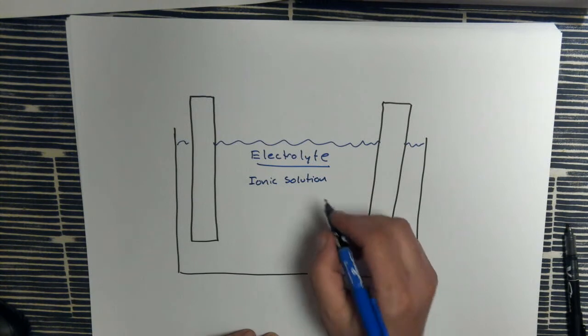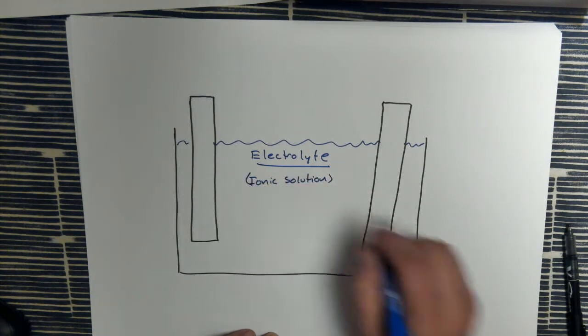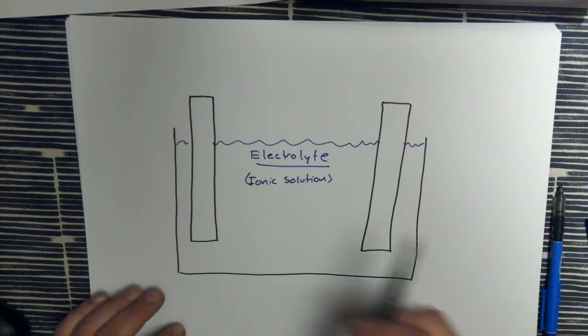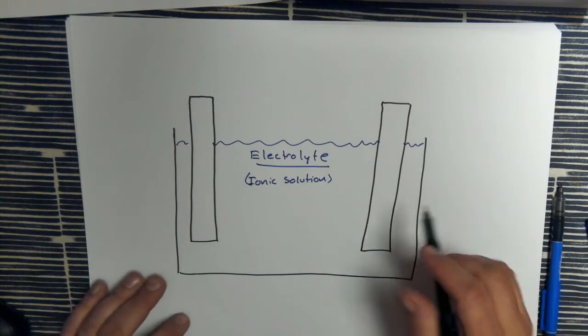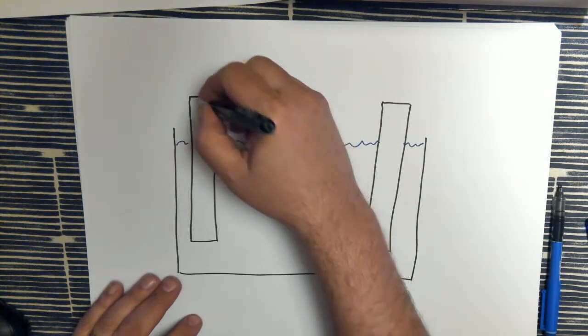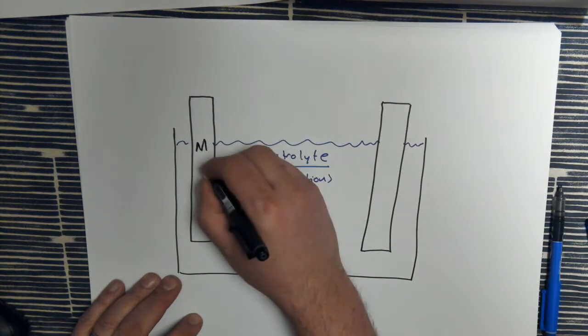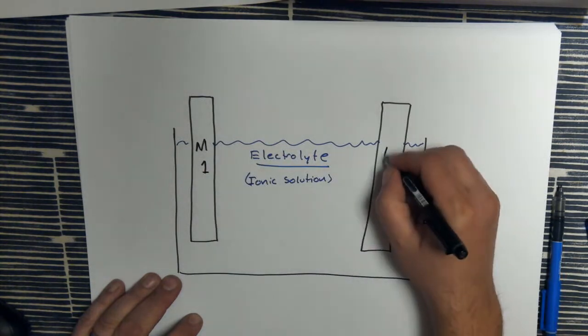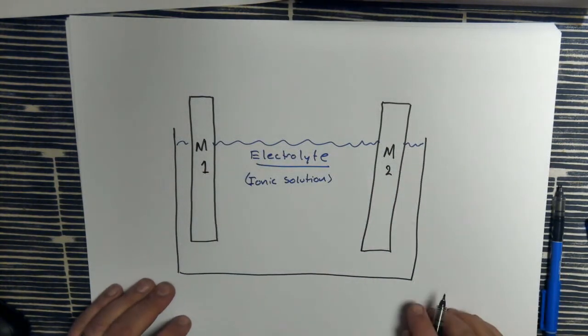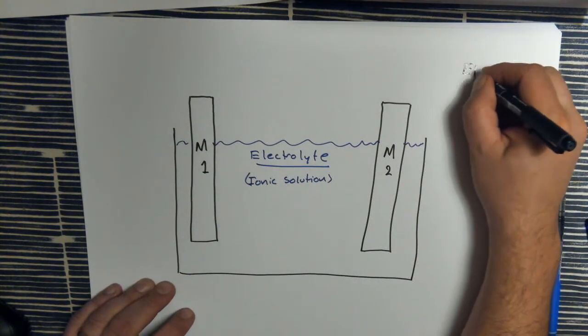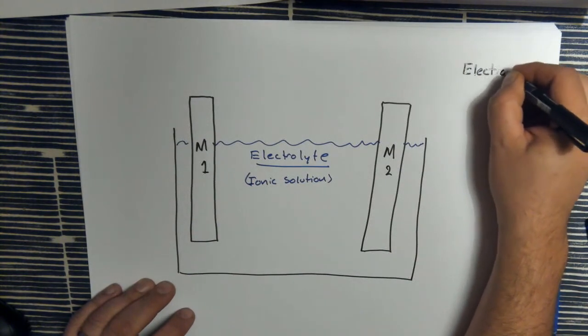There are some kind of strange exceptions that I'm not going to go into right now, but in some cases they're not ionic, but almost always they are. And then we have metal 1 and we have metal 2. And these two metal pieces are called electrodes.